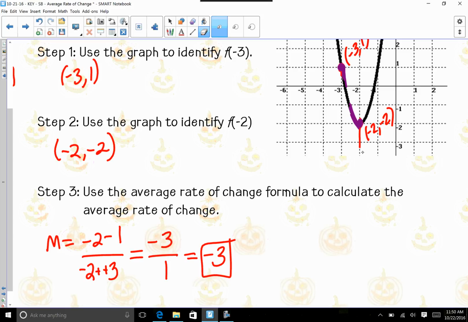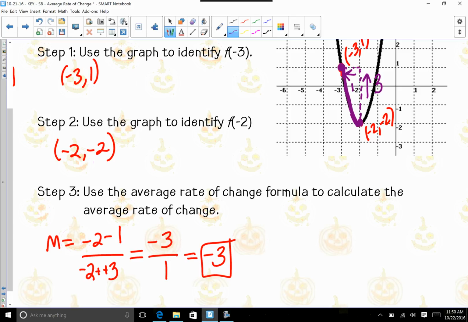If I know rate of change is also your slope, or rise over run, couldn't I calculate the rise over the run right here? So I'm rising 1, 2, 3 units. So this is rising 3, and we're running to the left 1 unit.